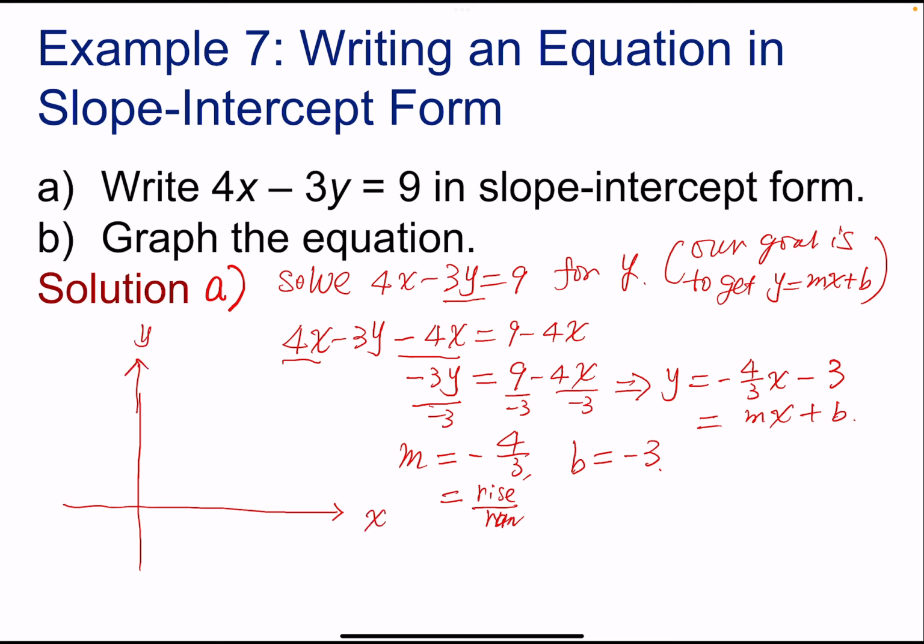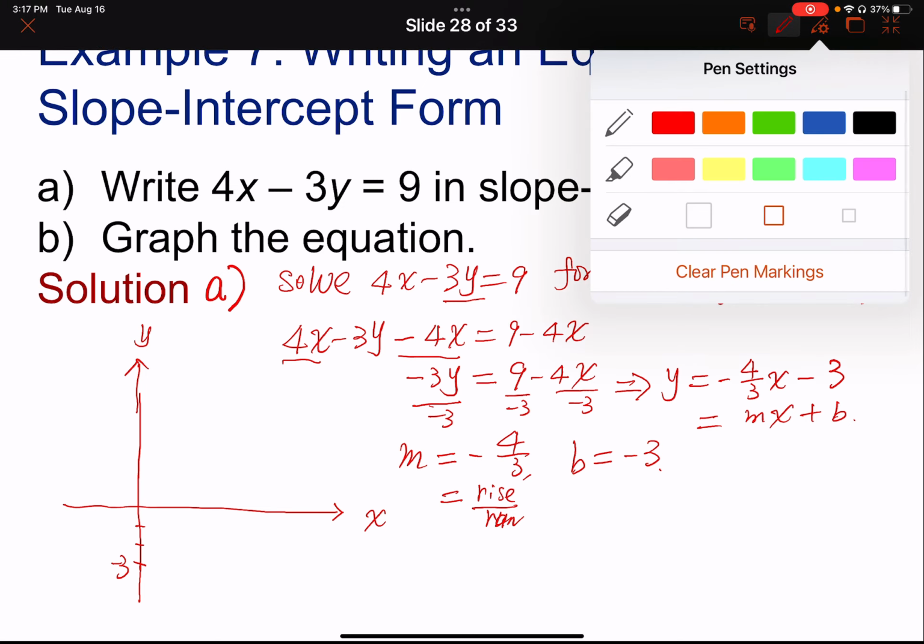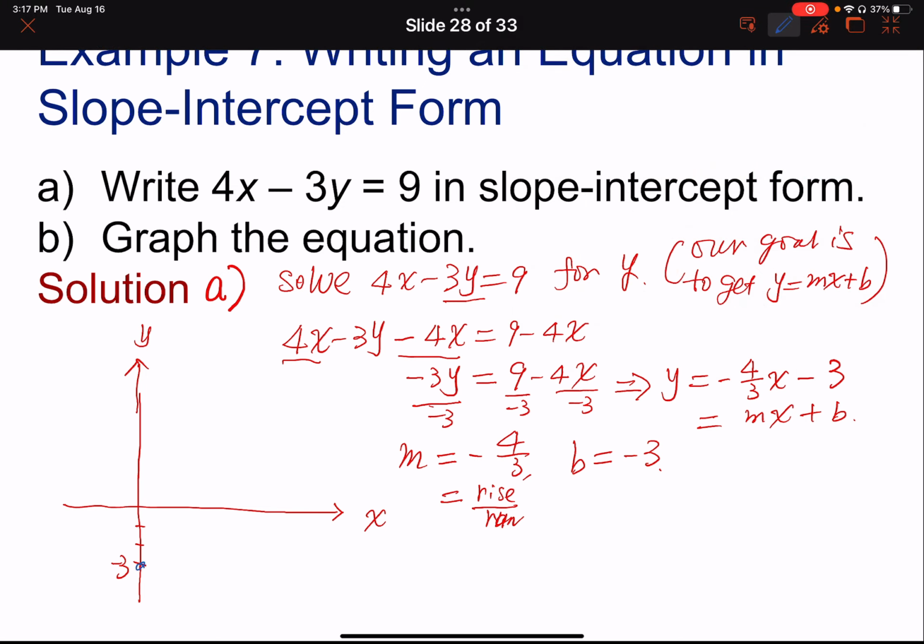First we need to find the y-intercept. So b equals negative 3: 1, 2, 3. So here is the y-intercept point.